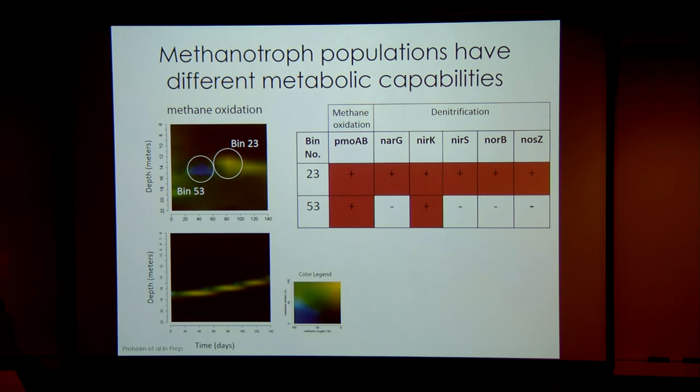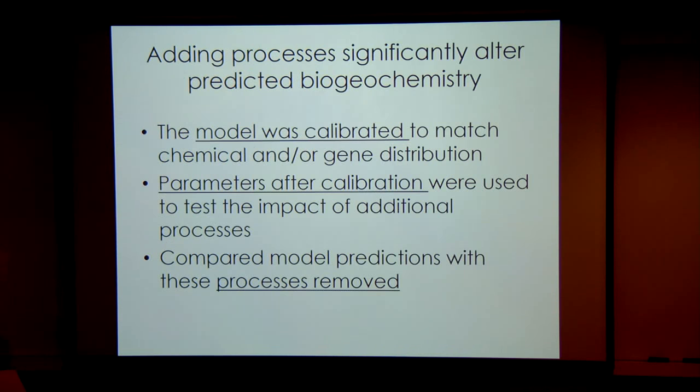In fact, we just expect them to be slightly vertically separated. And so we have not quite captured the dynamics of the interactions if there is actually anaerobic methane oxidation occurring with nitrate reduction.